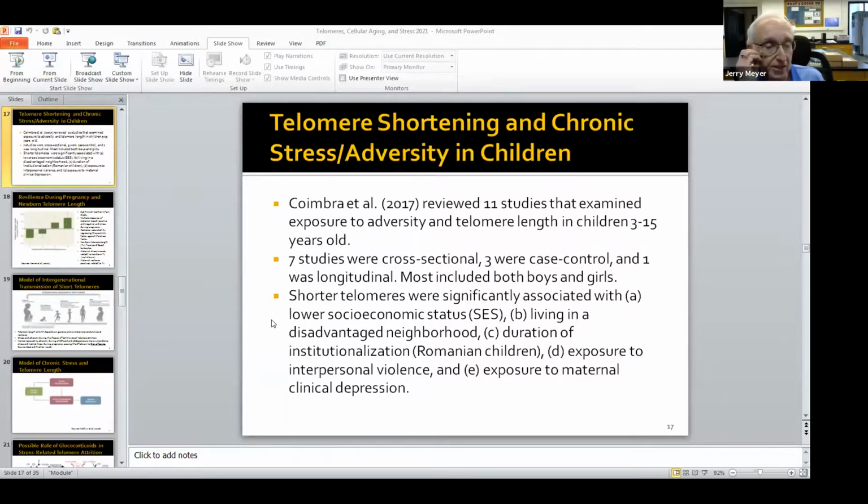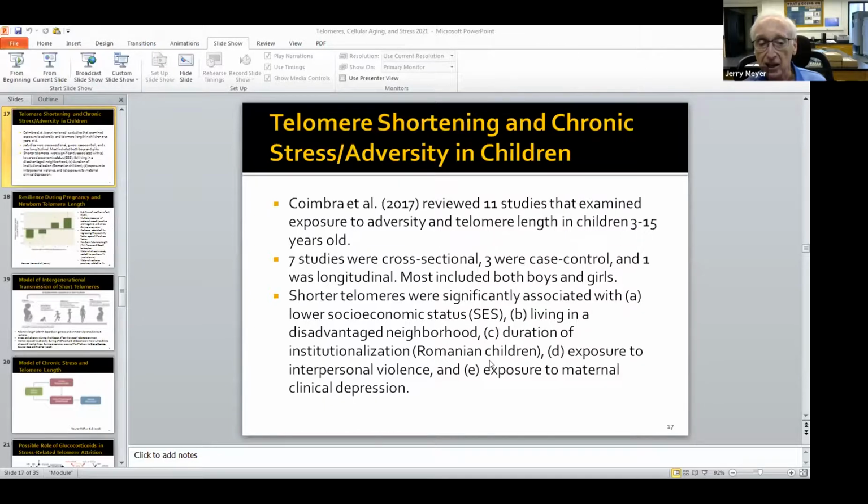duration of institutionalization. I suspect that many of you have heard of the famous, and still ongoing, studies of Romanian children. This was during the infamous Ceausescu regime in Romania, when large numbers of children were kept in terribly impoverished conditions in state orphanages.